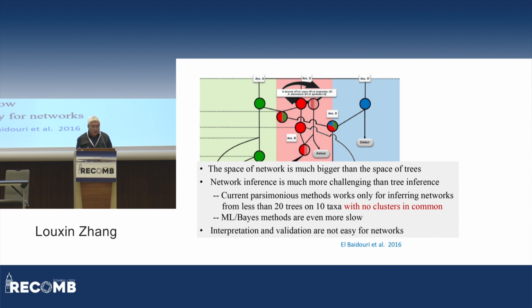Currently, parsimonious methods work only for inferring networks from fewer than 20 trees on a taxon set, if there are no clusters in common in the trees. The maximum likelihood and Bayesian methods are even slower now. Lastly, interpretation and validation are also problematic for phylogenetic networks.